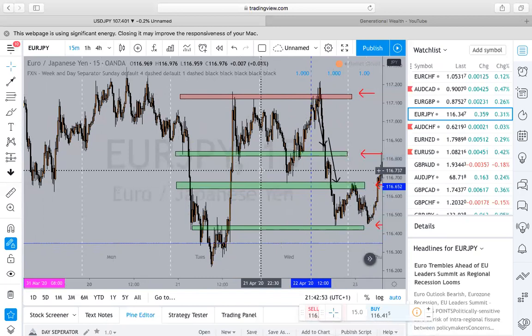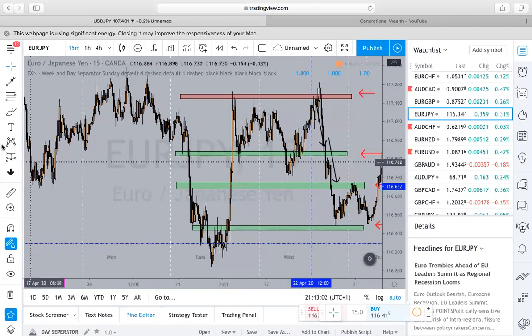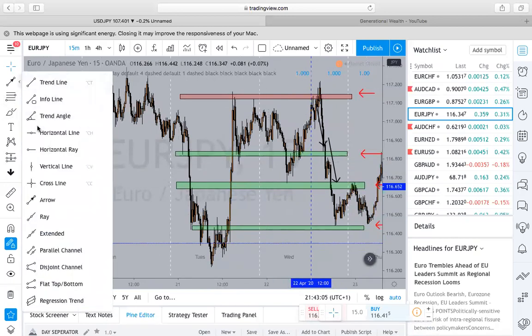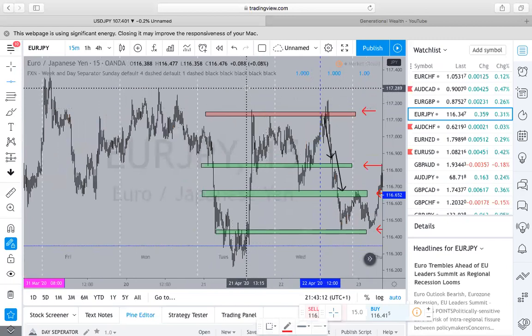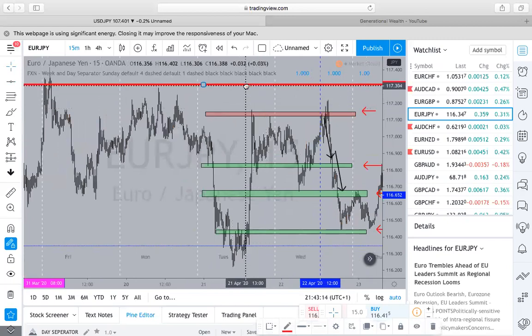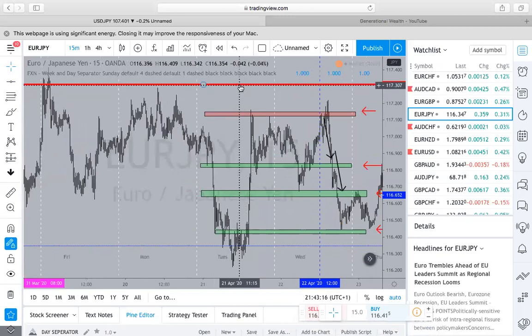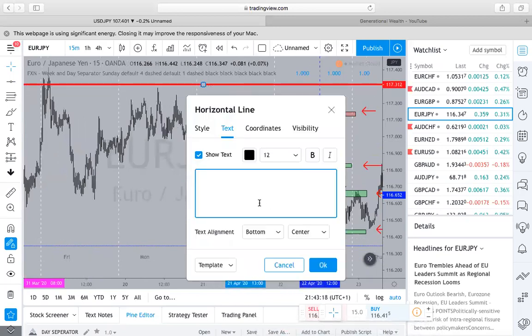So let's determine our risk to reward ratio with this setup here. For example, let me go ahead and place a stop loss on here. So we'll go ahead and put our stop loss right here. This stop loss would be, let's say, 50 pips, for example.